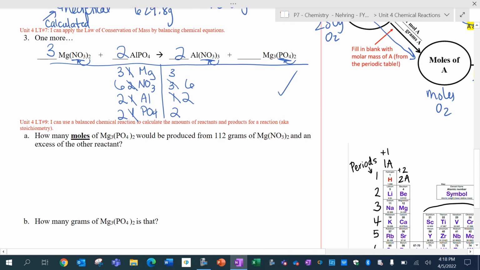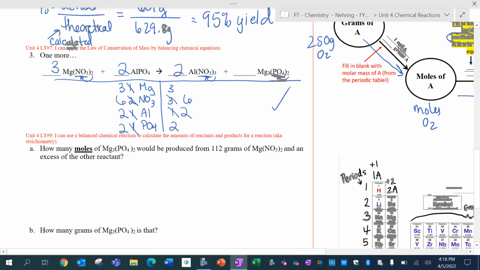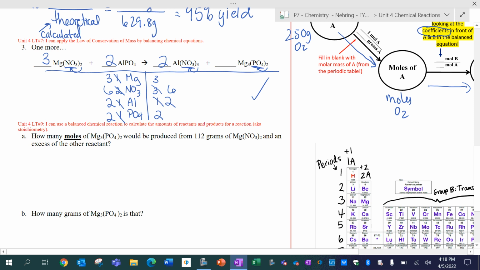Okay, so now using that balanced chemical equation, let's do one more stoich problem. The question is, if you react 112 grams of magnesium nitrate, that's my starting value, how many moles of Mg3(PO4)2 will we make?